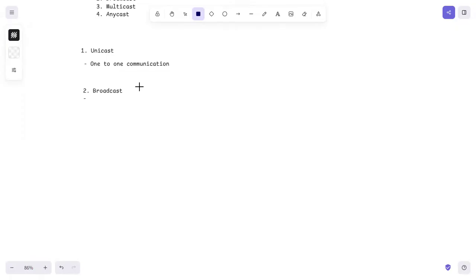So this is broadcast. In simple terms, broadcast means I tell something loudly so everyone can hear. Broadcast is like one to all.